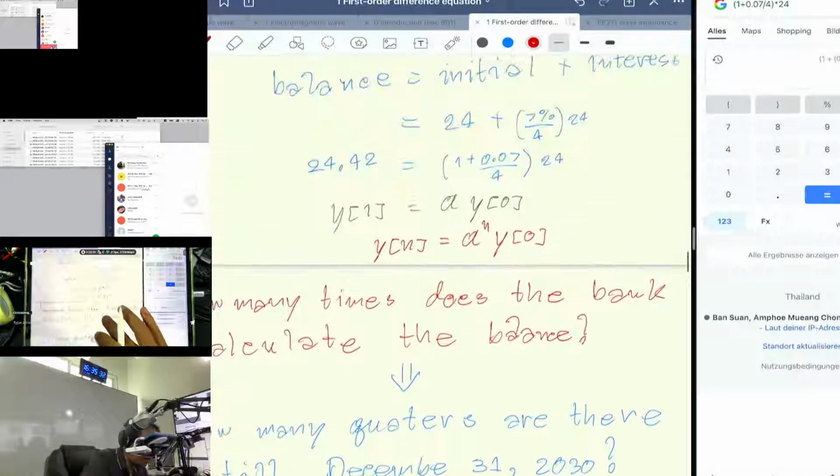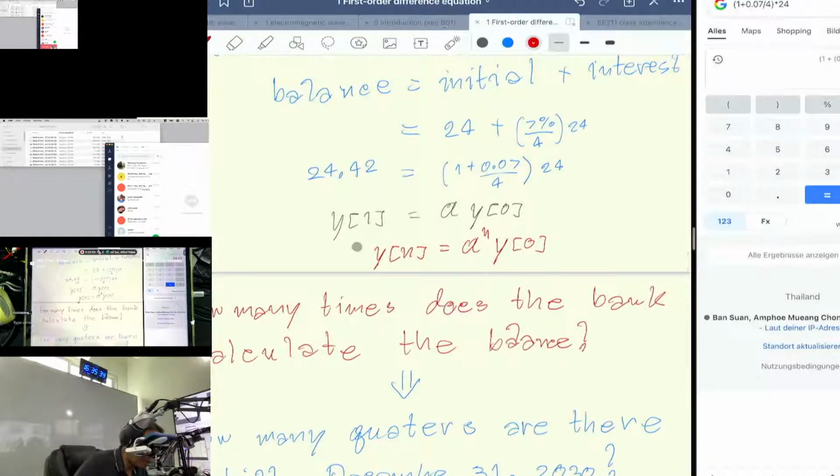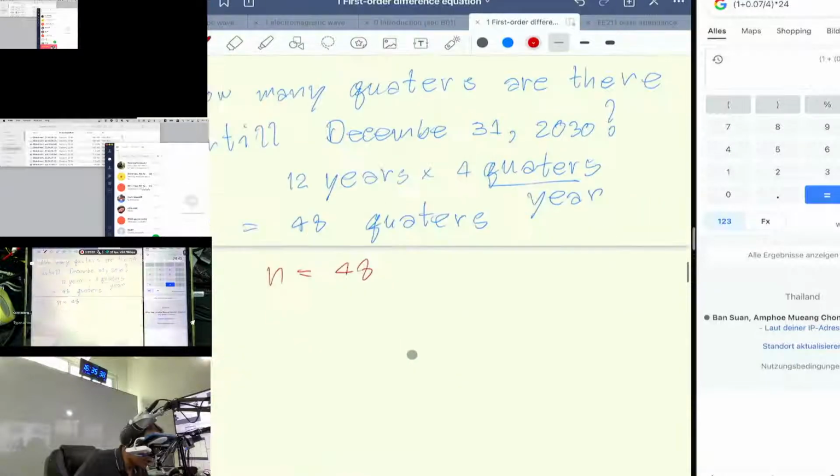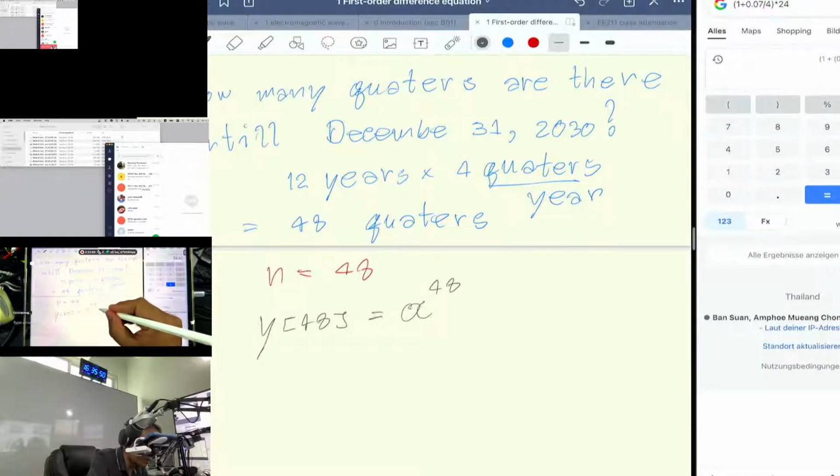We start from this expression, Yn equals alpha to the n times Y0. So Y48 will be alpha raised to 48 times Y0.